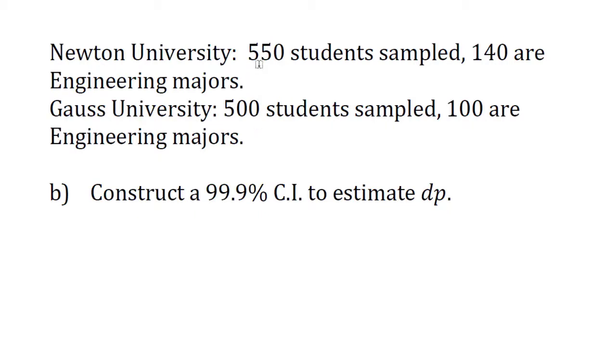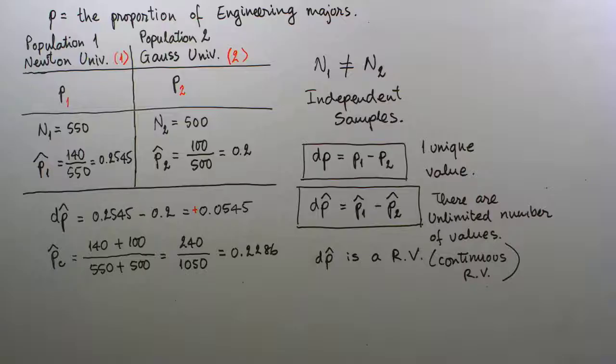And so from the given information regarding the two samples here, we have already found for ourselves that dp hat, our sampling difference in the two sample proportions, calculated as p hat 1 minus p hat 2, and that value was 0.0545. So we already had for ourselves, and we're calling this our sample value right here.